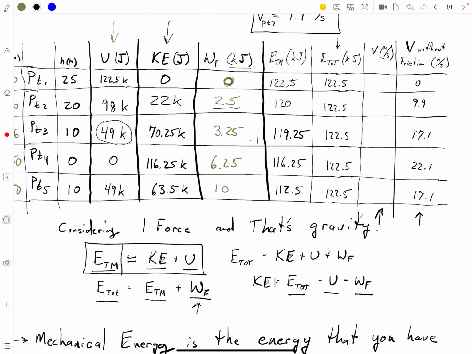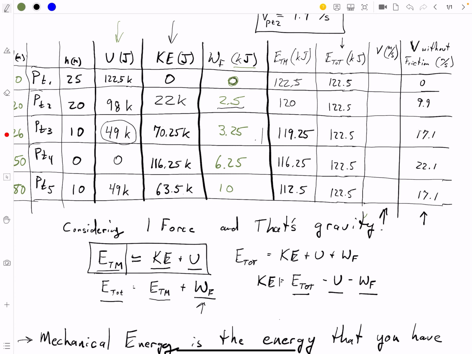So V equals the square root of 2KE over m. All right. Let's do it. 22,000. Of course, at the very beginning, the kinetic energy is 0, so we got 0. 22,000, I just entered into my computer.